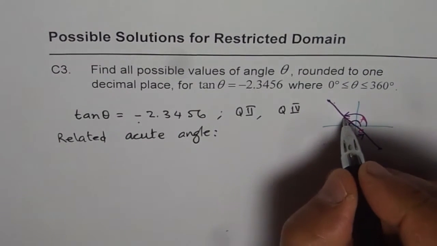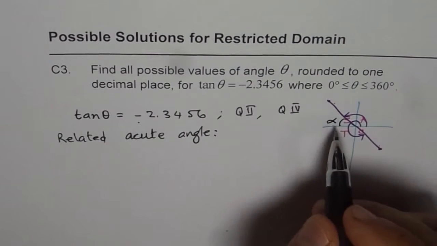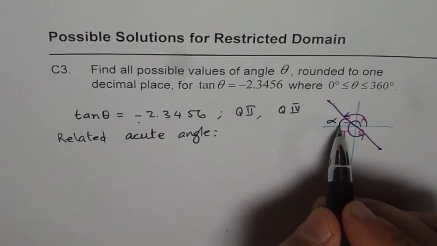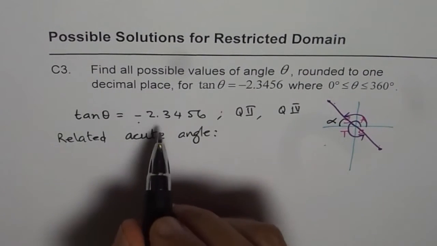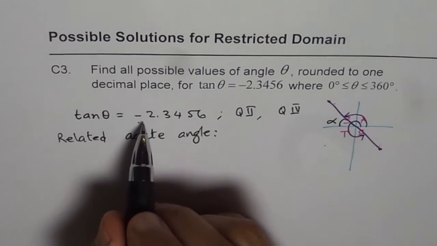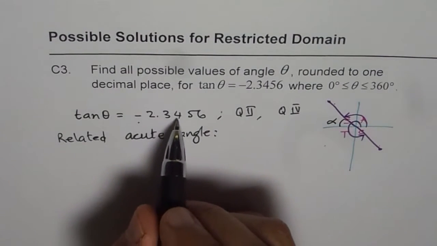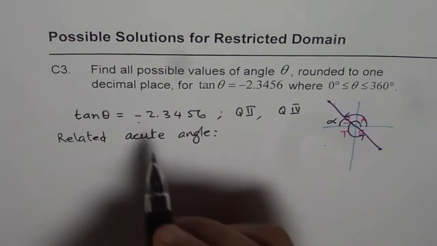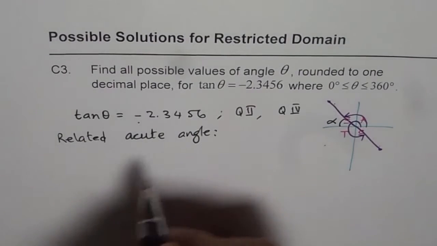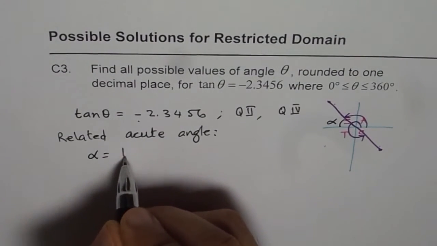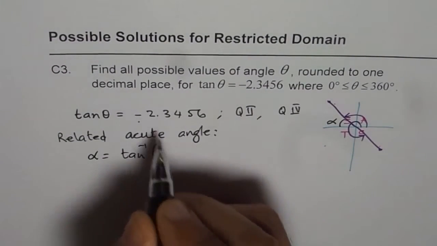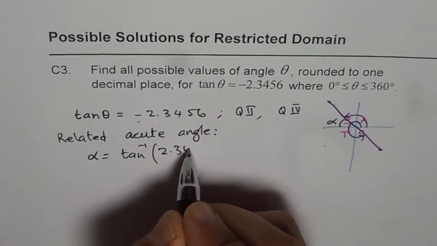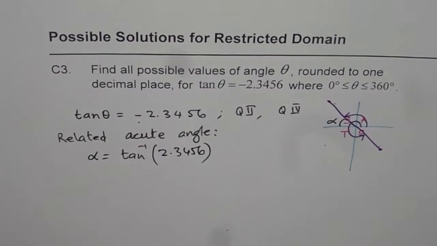We are just finding the angle alpha for this value of minus 2.3456, and we will treat alpha as a positive angle. So we can find alpha as tan inverse of the value, which is 2.3456. Let us find the acute angle first.